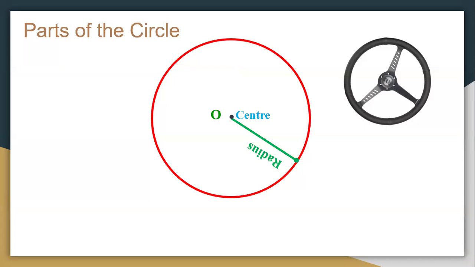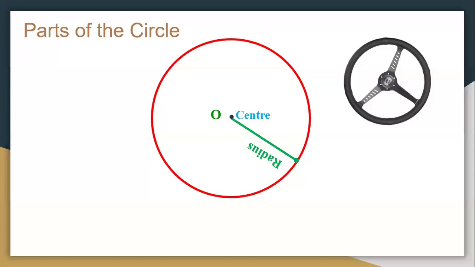Okay. Yes, Ian, you can unmute. I think a radius is the distance half of the diameter. Okay, good.